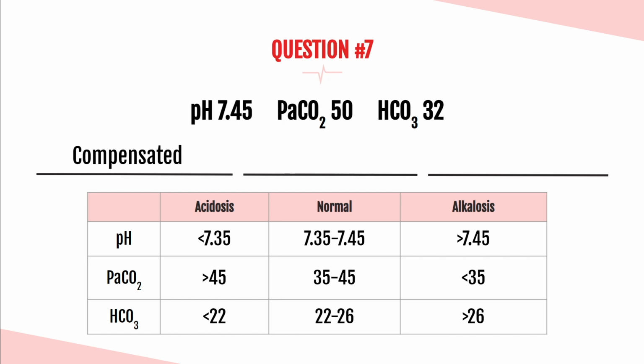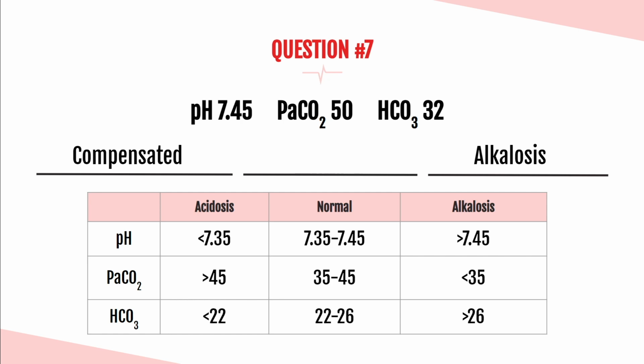What's our last name? Again, when the pH is normal, we need to look at what side they are trending towards to give us that answer. So our pH, is it on the higher end or is it on the lower end? It's on the higher end of normal, and basically almost in that alkaline territory. So we will put alkalosis as the last name here.